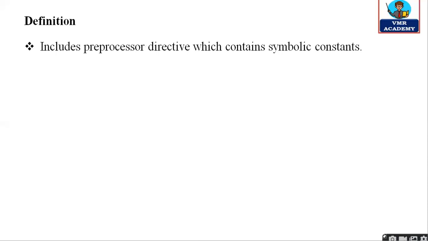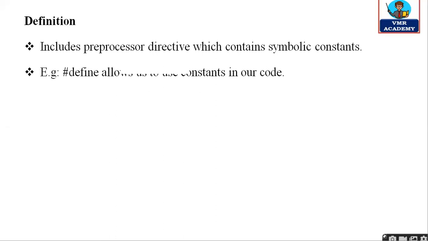It includes preprocessor directives which contain the symbolic constant. If you want to create your own values, your own variables with some particular value, and use that in the rest of the program, then you can make that a preprocessor directive with some special symbols. Generally you'll be using hash as a preprocessor directive. Example is hash define.